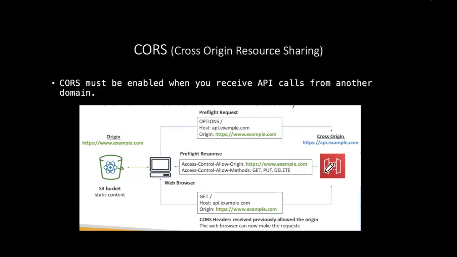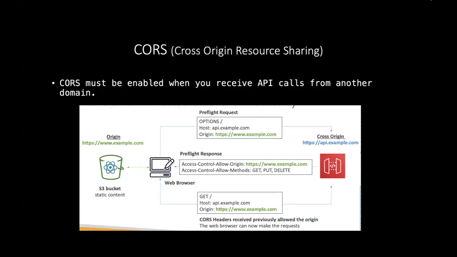The gateway will respond telling it what domains it accepts requests from and what methods it allows. And when that is received back by the browser, it will then decide whether it can actually send the request or not. That's just the way CORS works.